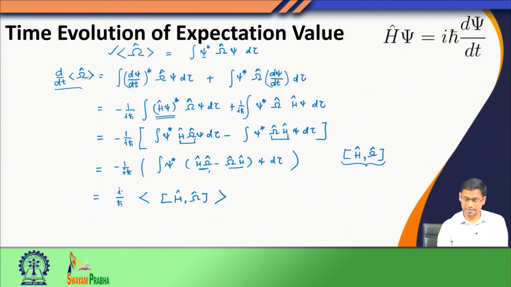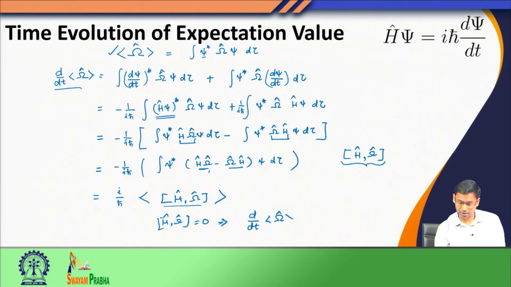Now, suppose there is an operator which commutes with the Hamiltonian. In that case this commutator becomes 0, and the average value of 0 is anyway 0. So if omega commutes with the Hamiltonian, d over dt of the expectation value of omega is 0.